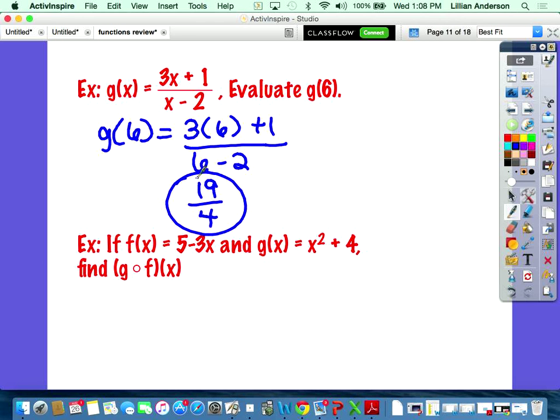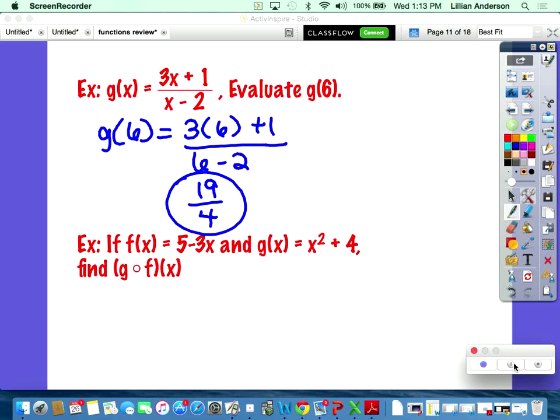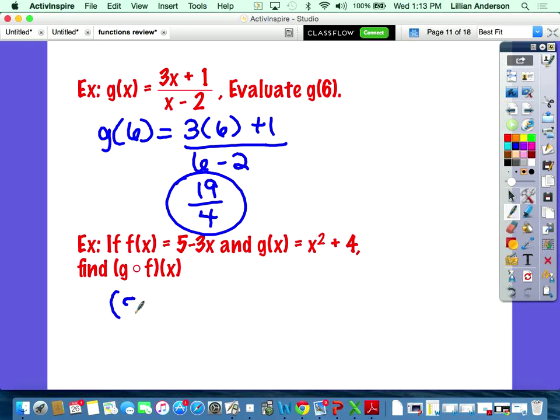Let's do the second one. Clear your boards. Do the second one. This means that what? Put f and g. That's actually in the g. I plug f into g. So 5 minus 3x, those inward x's, you square it, and then you add 4. Please tell me you did not put 25 plus 9x squared. No, you gotta do what to this? Foil it, okay? So you gotta write it twice and foil it.